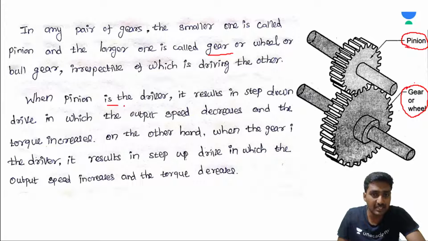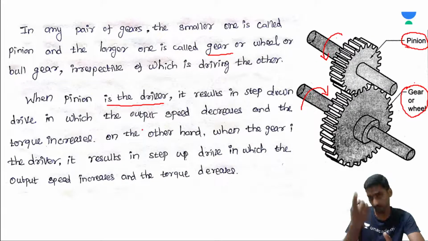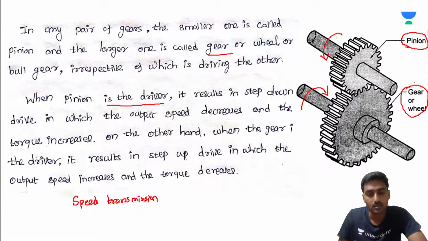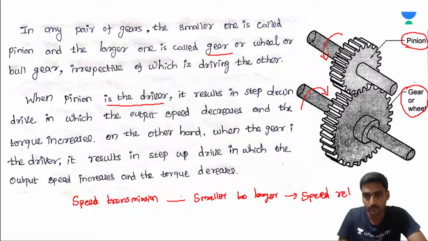When the pinion is the driver, the result is a step down drive. That means the speed is transmitted from the smaller gear to the larger, so the speed is reduced.